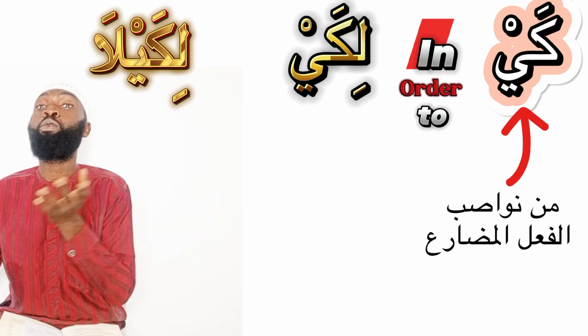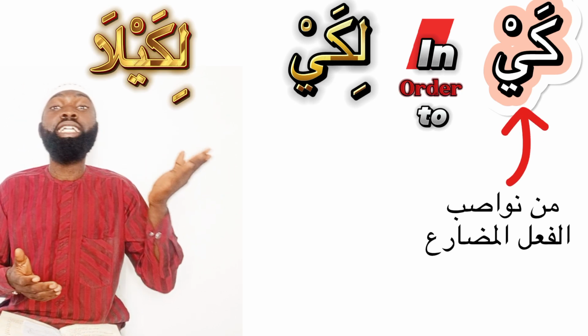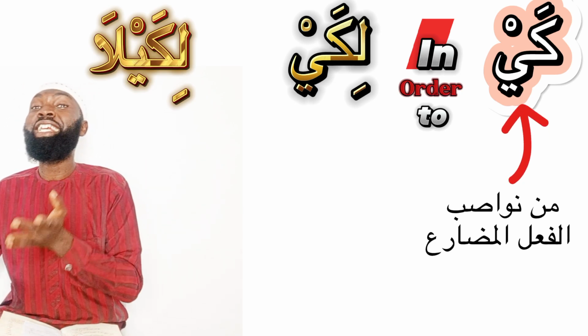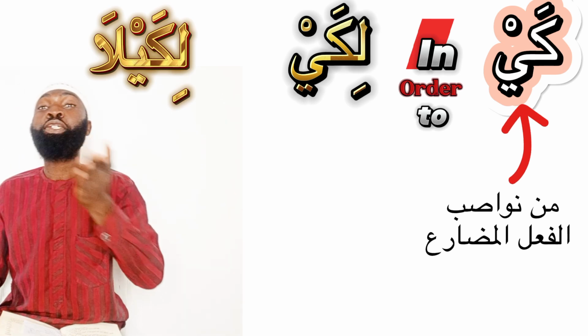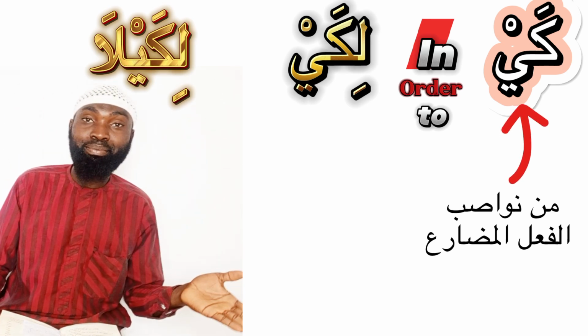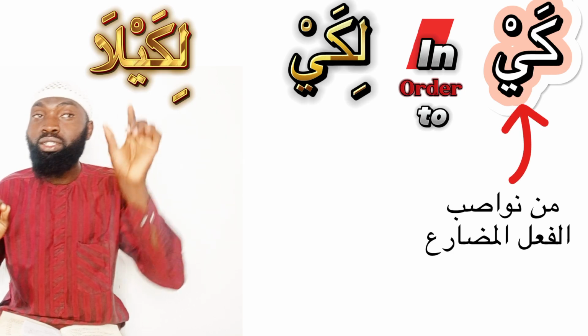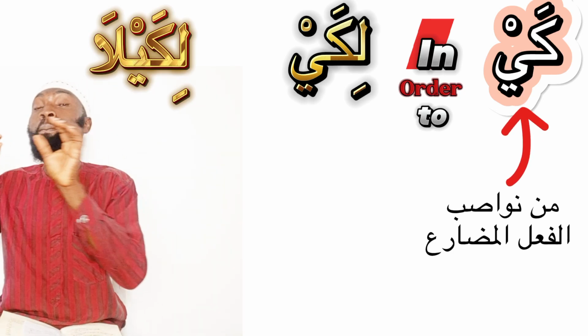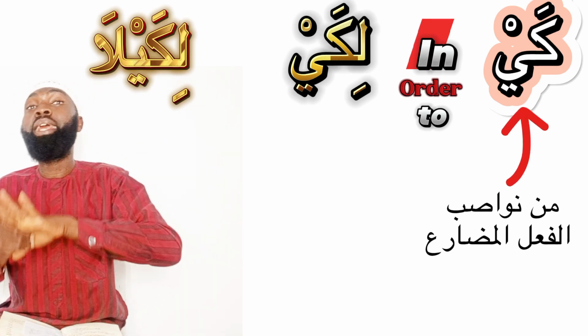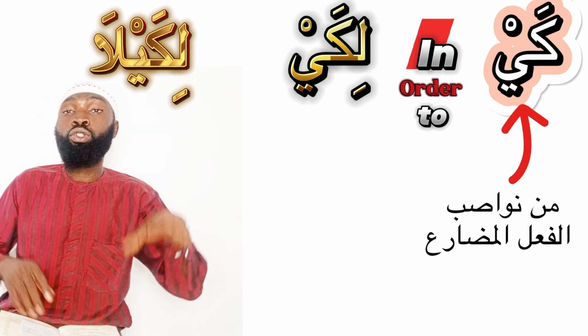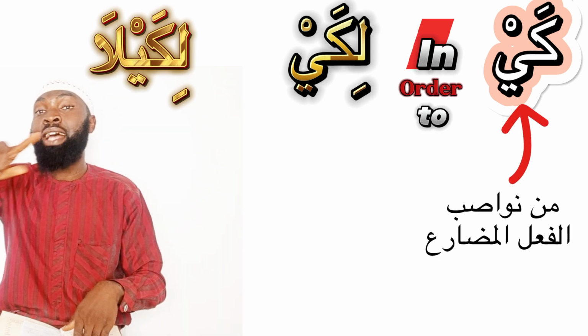Like yadhhabu, he's going. Yaqtulu, he's killing. Yaakulu, he is eating. Yarji'u, he is returning. And yadrusu, he is studying. All of these are ending with what? Dhamma. Now, there are four particles which can make these present tense verbs appear in fatha.